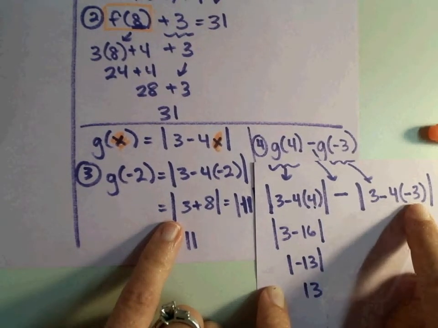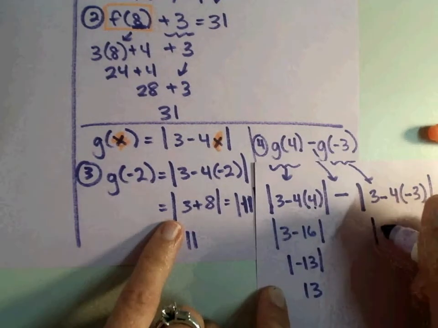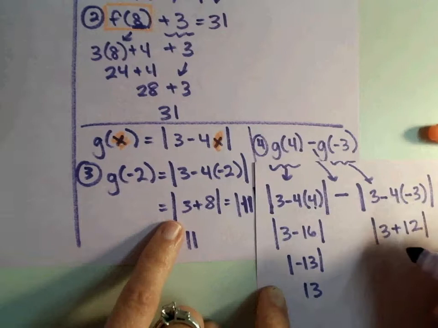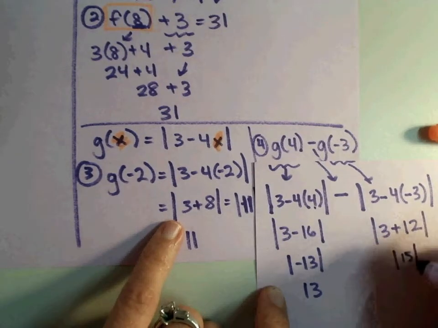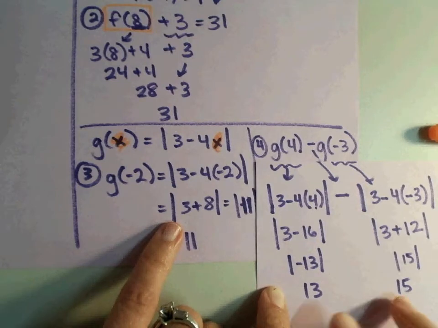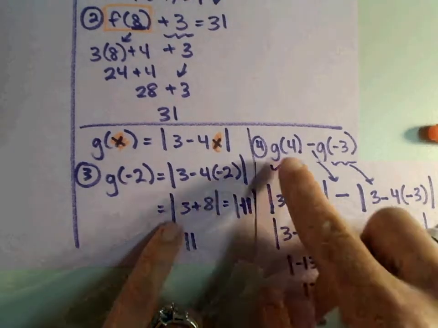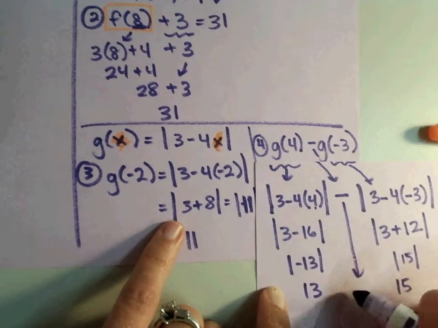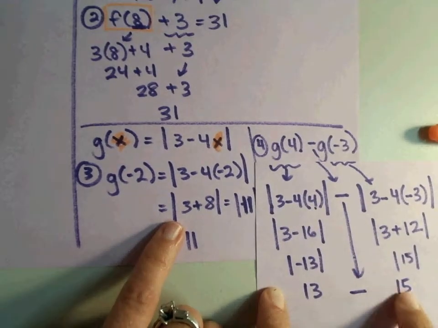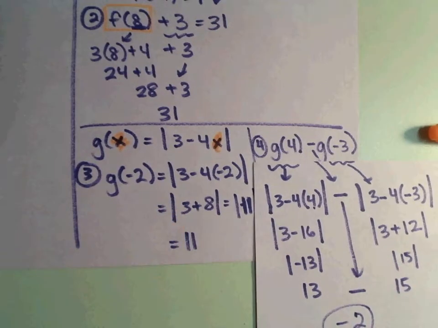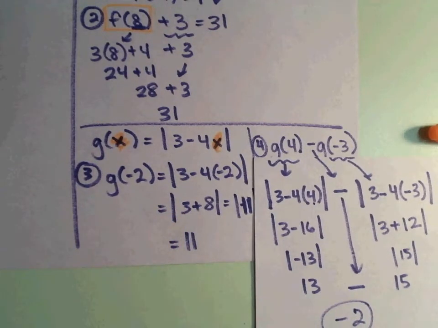Using our order of operations, what's negative 4 times negative 3? That'd be positive 12, so 3 plus 12. 3 plus 12 is 15. Absolute value of 15 is 15. All right, what do I do with my two numbers that I have? So g of 4 is 13, g of negative 3 is 15. I have to bring down the minus sign in the middle. 13 minus 15 is negative 2. So that would be your final answer for that one.